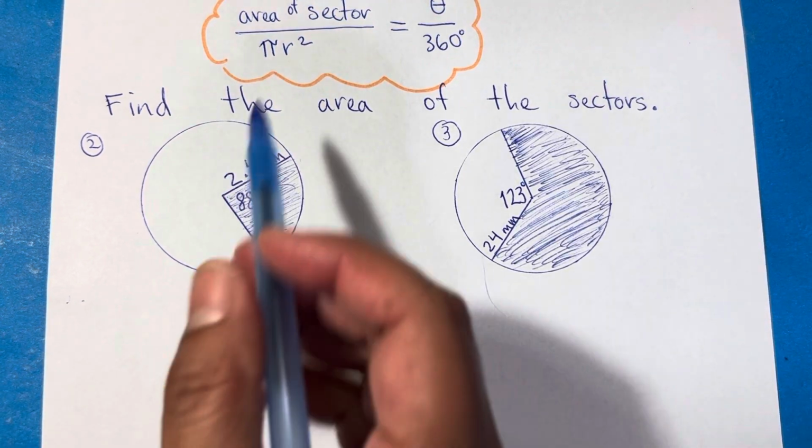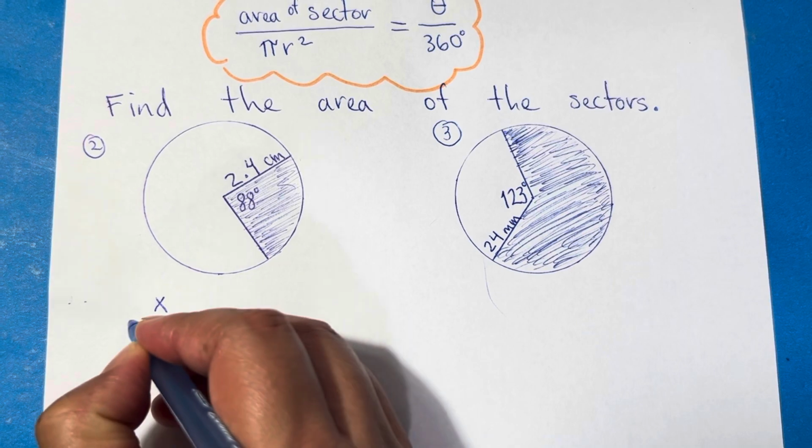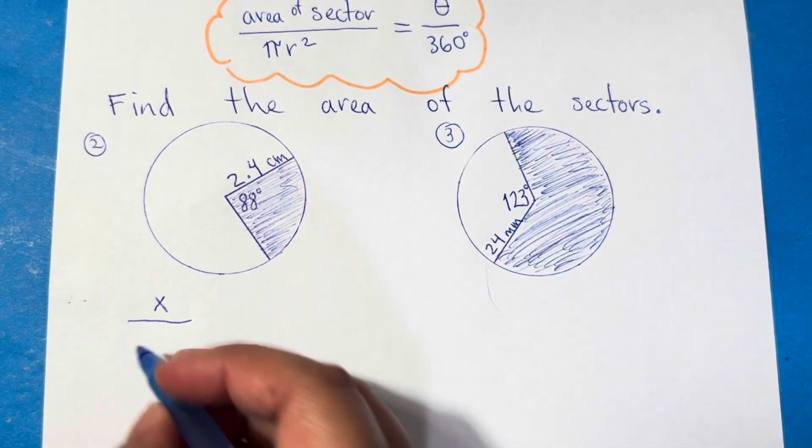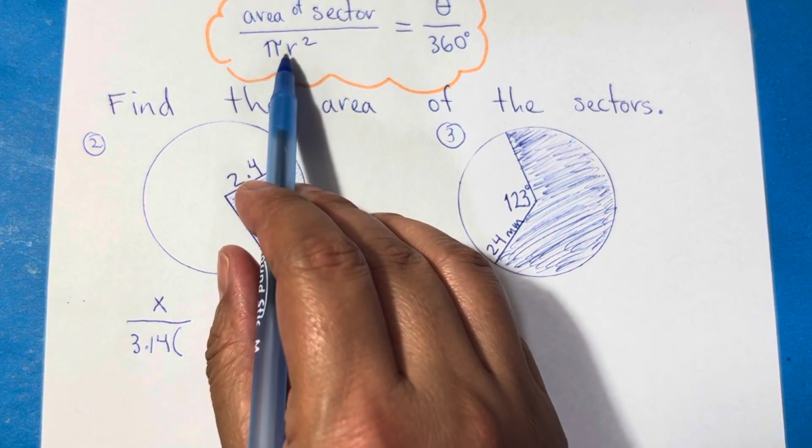Area of the sector, we don't have it, so we're going to replace it with x over pi r squared, which is 3.14, multiplied by the radius squared.